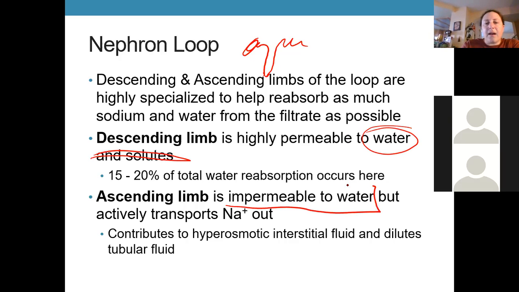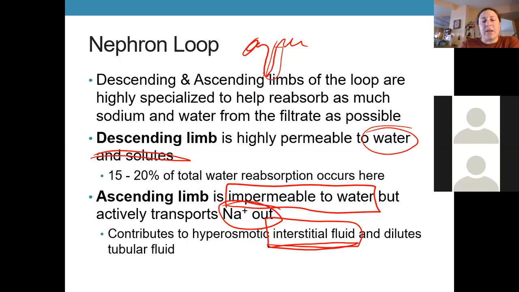So water cannot move into or out of the second half of the loop, but there are sodium pumps that actively pump sodium out, okay? And this has very important consequences to the concentration of solutes in the extracellular, which is also called interstitial fluid, of the medulla.